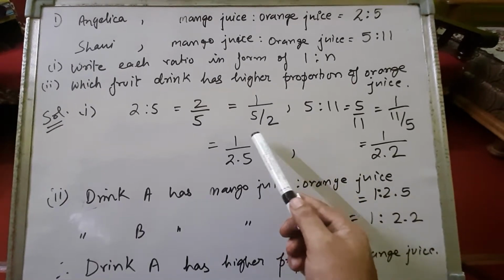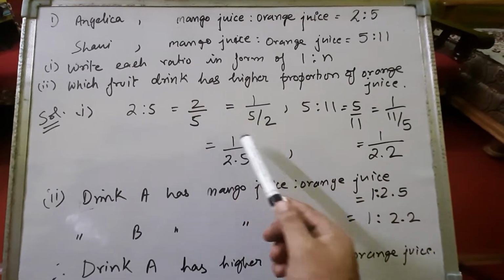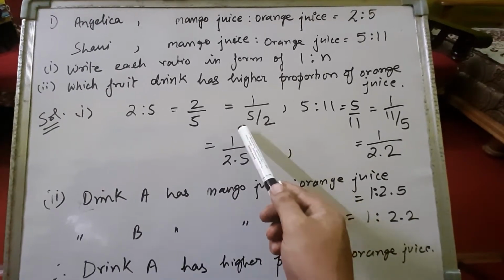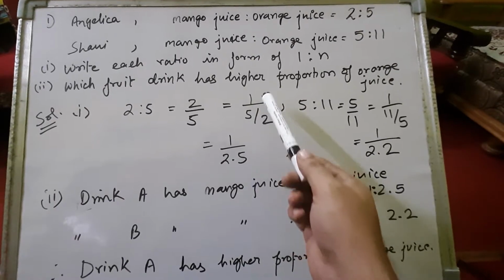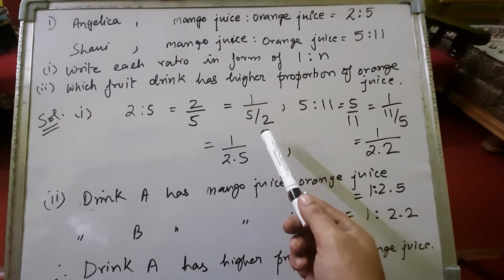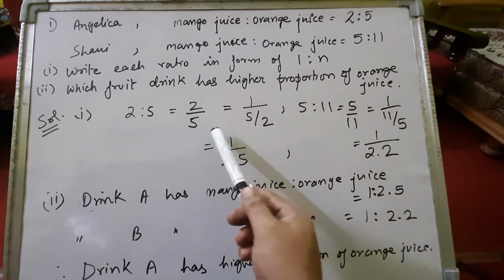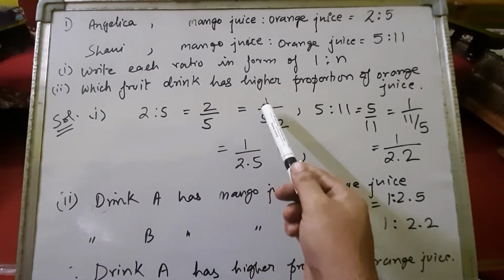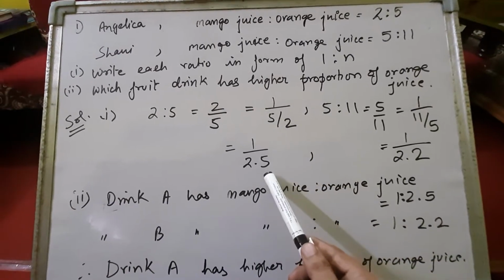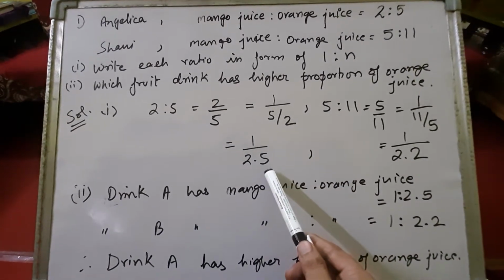That means 1 upon 5 by 2 or 2 by 5, it means the same. When this 5 by 2 gets reciprocated, and you take the 2 to the numerator, it will become 2 by 5. 1 into 2 by 5 means 2 by 5. Right. So when we again transfer this 2 to the denominator, it will become 1 upon 5 by 2. 5 by 2 we can write as 2.5.